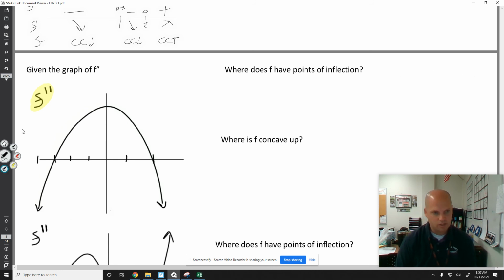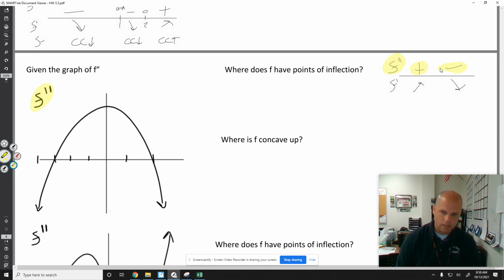In this situation, understanding this is what we're looking for: either f double prime signs or f prime going up, going down. Since you are given f double prime, the easiest thing to do is to look at the signs of f double prime.